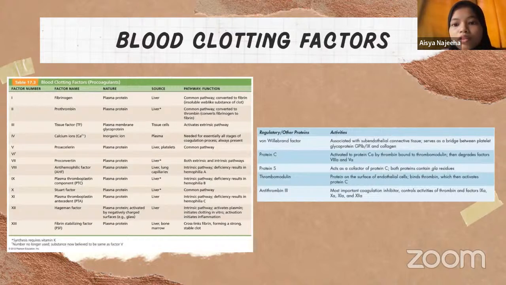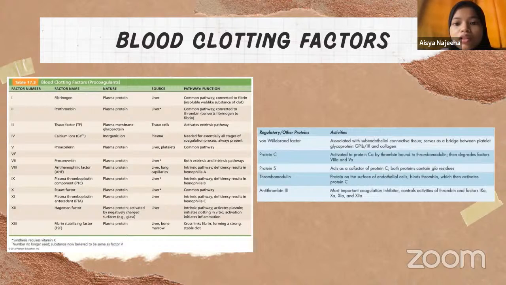Its nature is plasma protein activated by a negatively charged surface. Its source is the liver and it is involved in the intrinsic pathway. Also, it activates plasmin, initiates clotting in vitro, and its activation initiates inflammation.